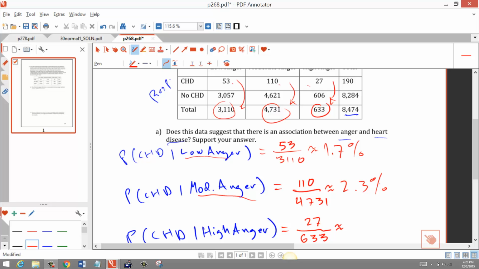And the last thing is 27 divided by 633, and that is 4.2%. So you can see that the percentage of people with heart disease increases as your anger increases.